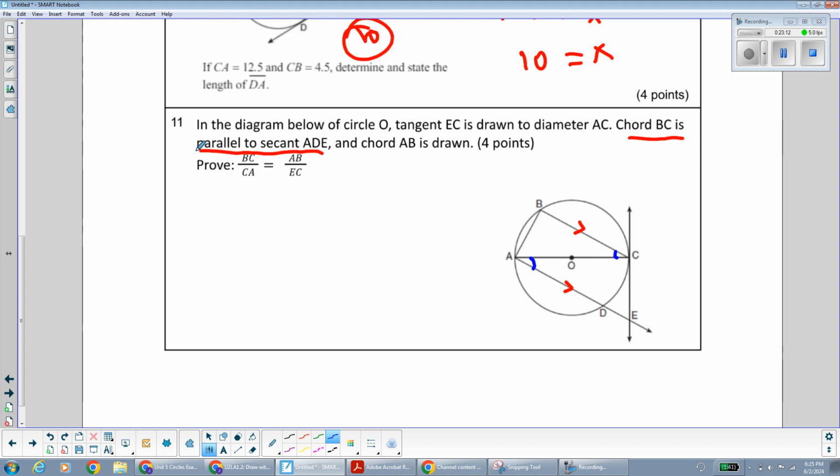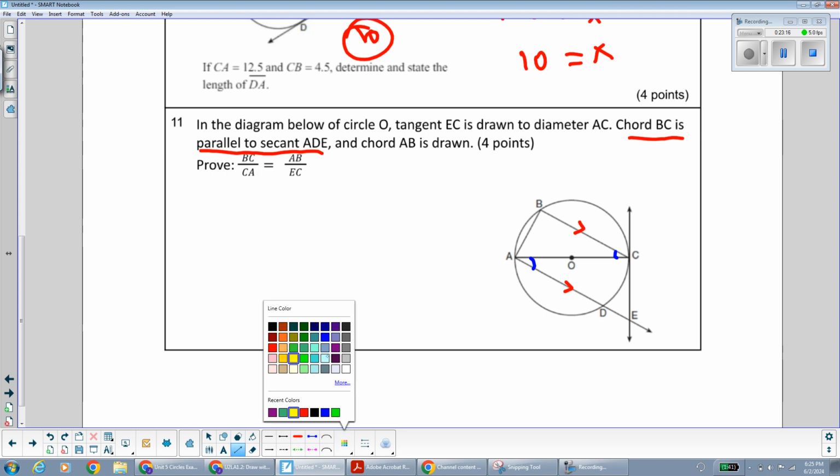So our proof is going to tell us which triangles to focus on. Here there are only two triangles, but I do want to review using the proof statement to figure out what triangles you're focusing on. A lot of times you have more than two triangles in the question. So BC is the first segment I see. It's from that top triangle. And then we have CA and AB.